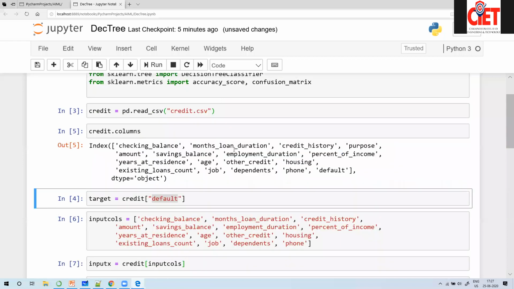Okay. Yeah, we forgot one step. We have to convert them to dummies.